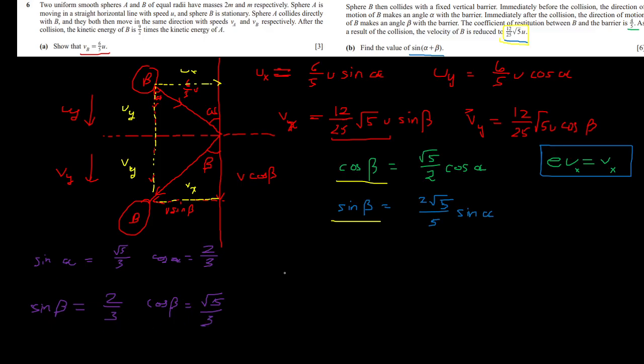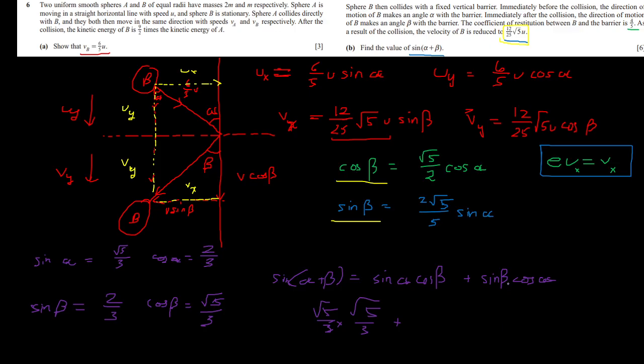Now are these values enough? Yes, it is, because looking at our sine alpha plus beta identity, we would be getting sine alpha times cos beta plus sine beta times cos alpha. So sine alpha is root 5 by 3, and we times that with cos beta, which is root 5 by 3 as well.